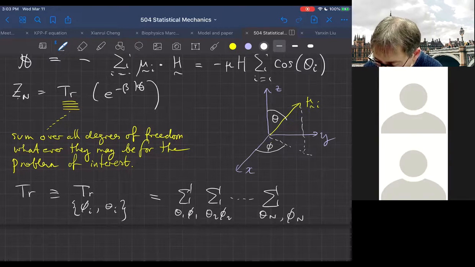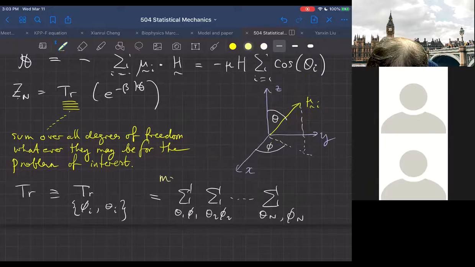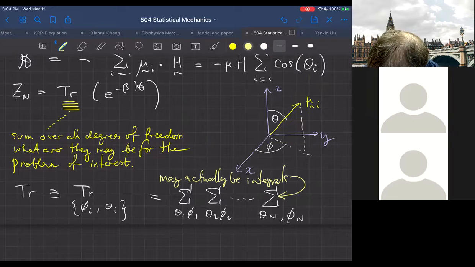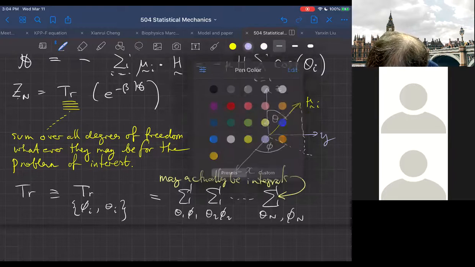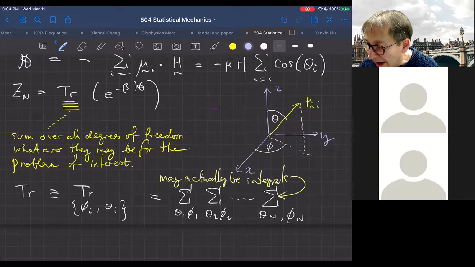And when I write down the sums, I'm just being formal. So these sums here may well actually be integrals. Okay, so that's just a notation that I'm using. Okay, so we'll get to that.